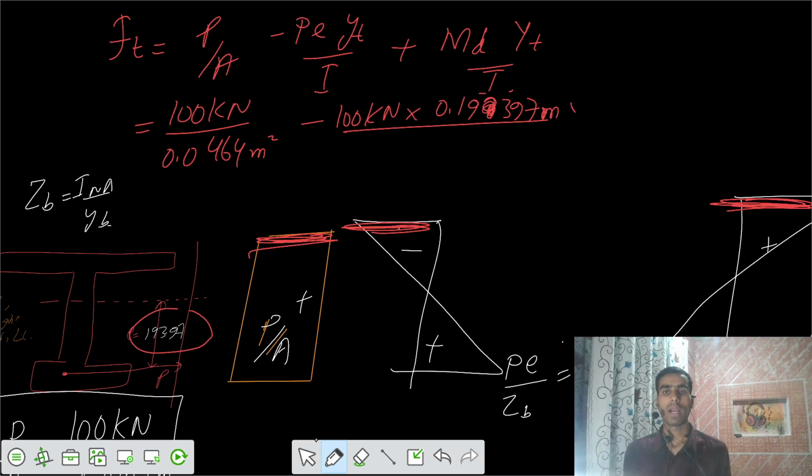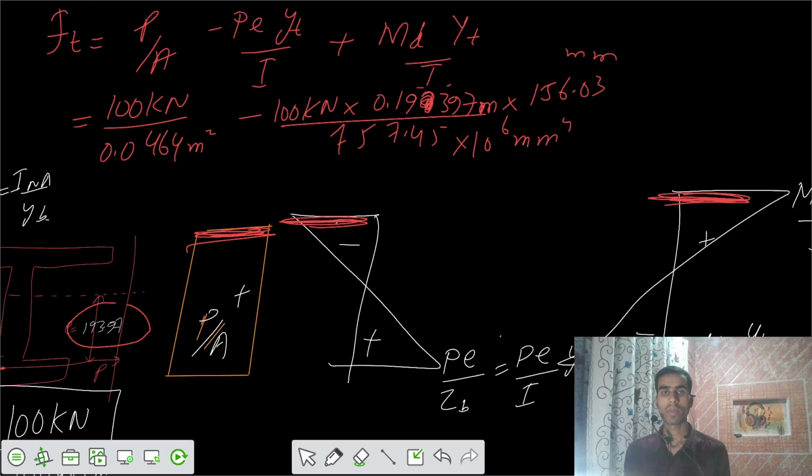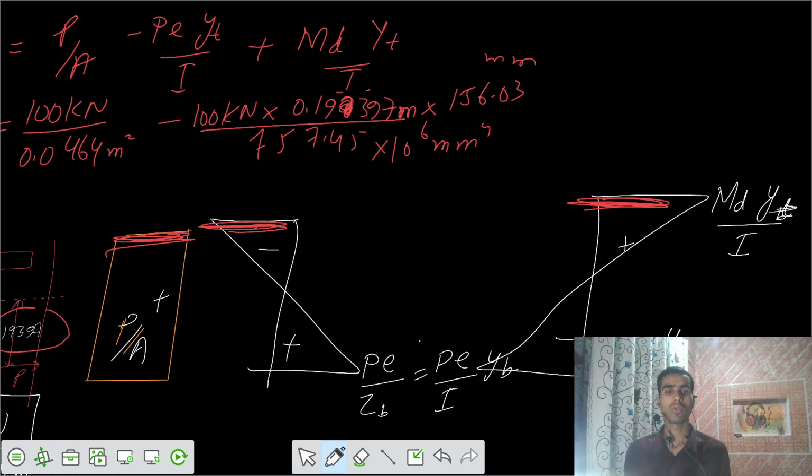And after that Y top is equal to 156.03, divided by I neutral axis, that was 757.45 into 10 to the power 6 millimeter power 4. So you have to ensure that the units are correct, and accordingly you have to solve those values.